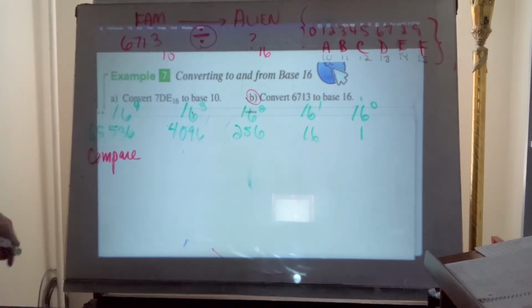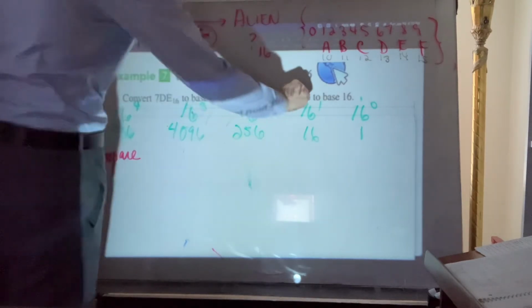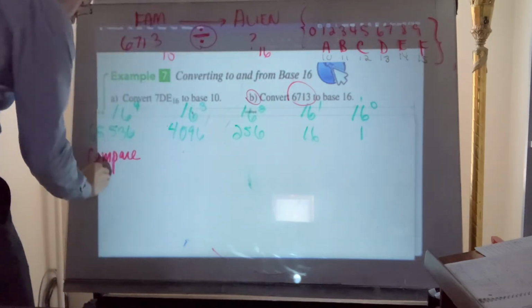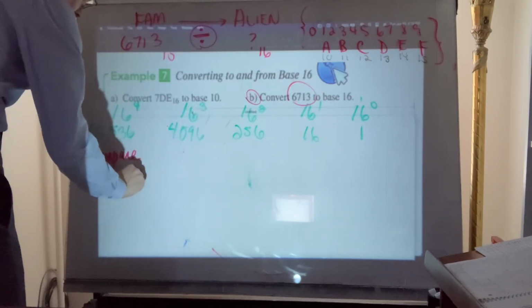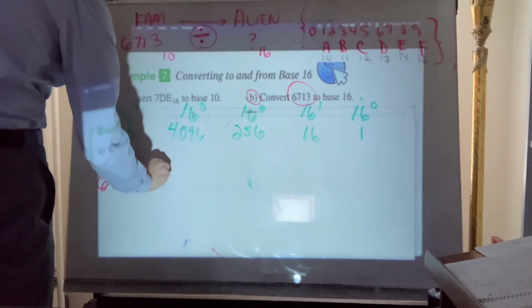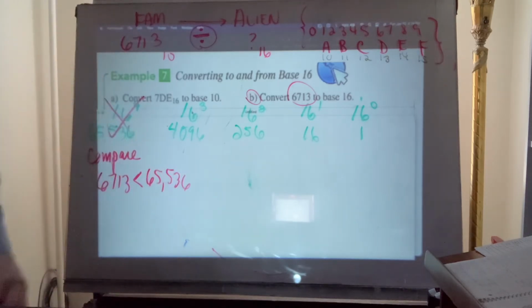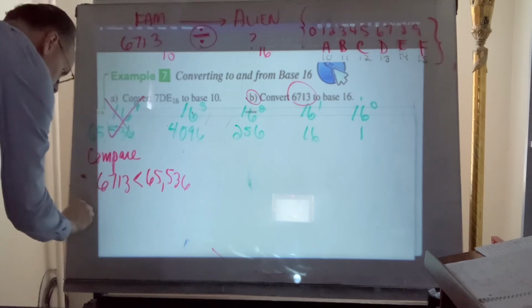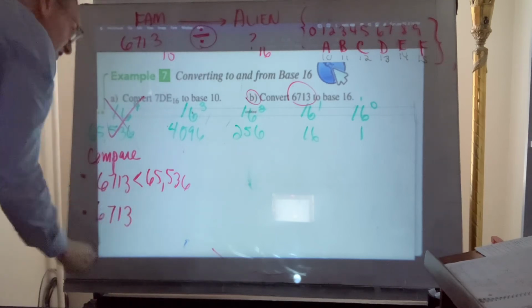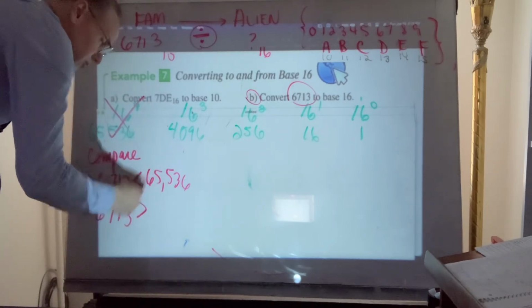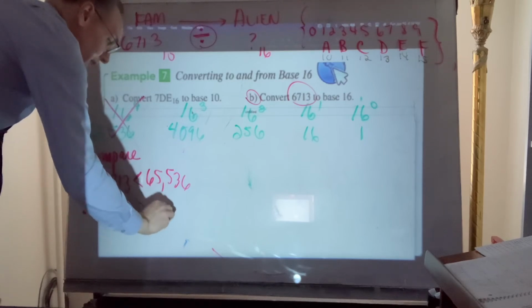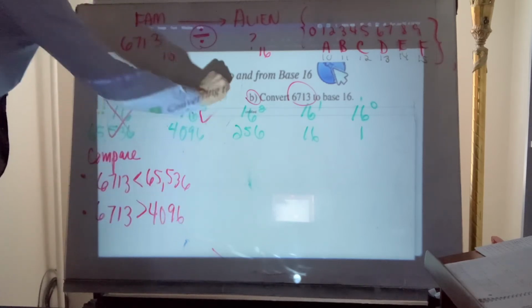The figure is 6,713, which is significantly smaller than 65,536, so we're definitely not using that. But 6,713 is greater than 4,096, so we're going to start here.